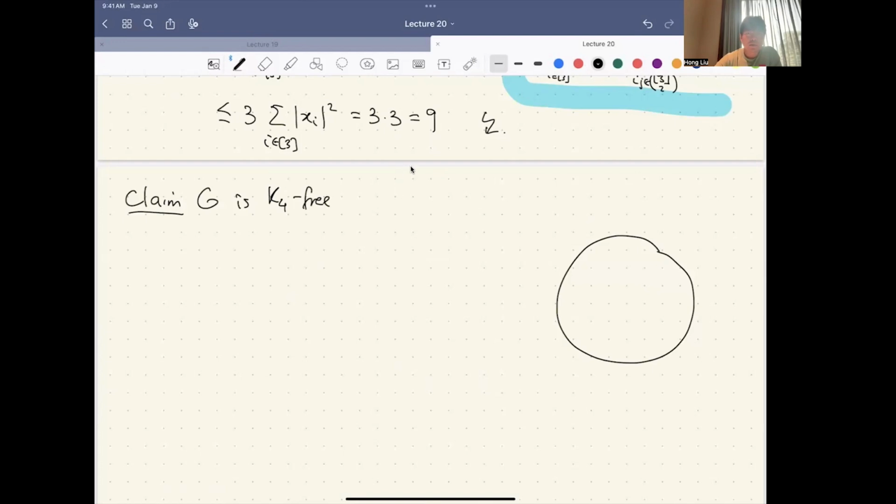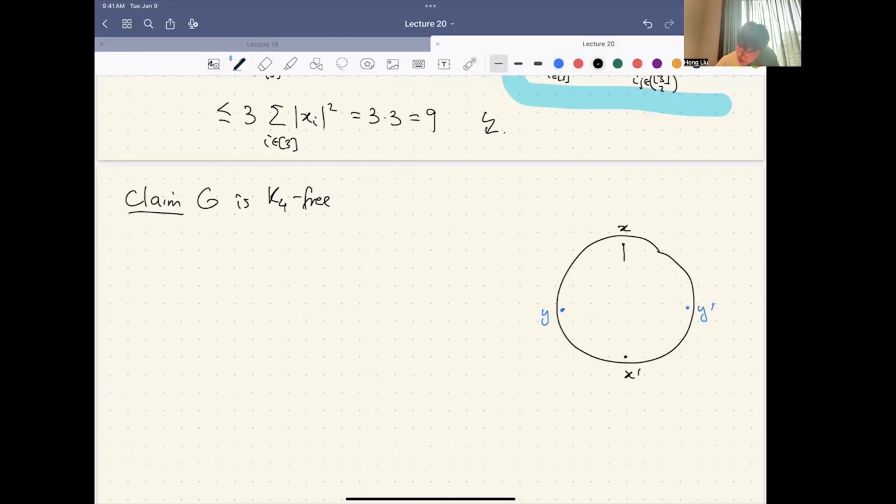So we have 2 points from each copy of the sphere. So you have X, X prime, Y, and Y prime.